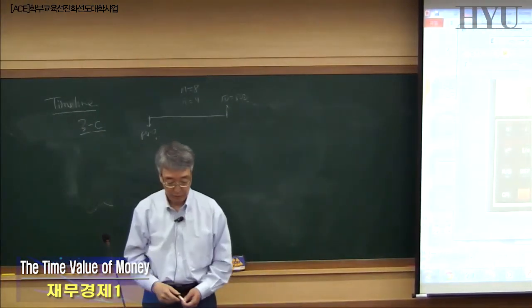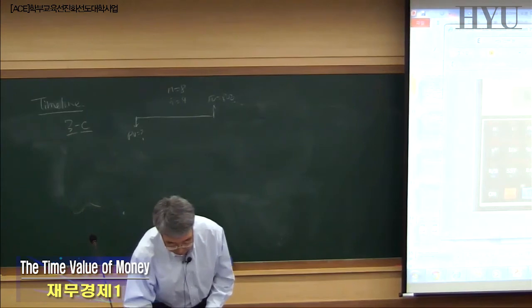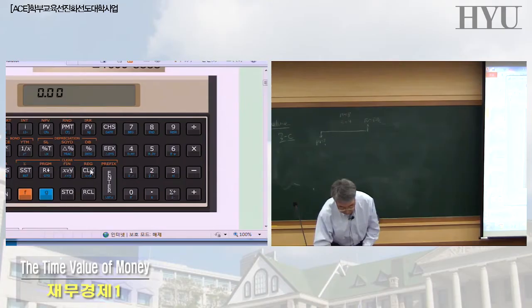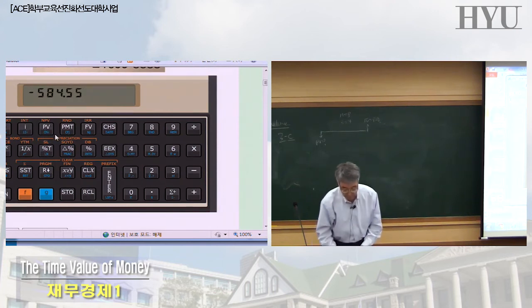Let's clear the register here. And then put 800 as future value, okay? And 8 as the number of periods, and 4 as the interest rate, and just click on present value, right?